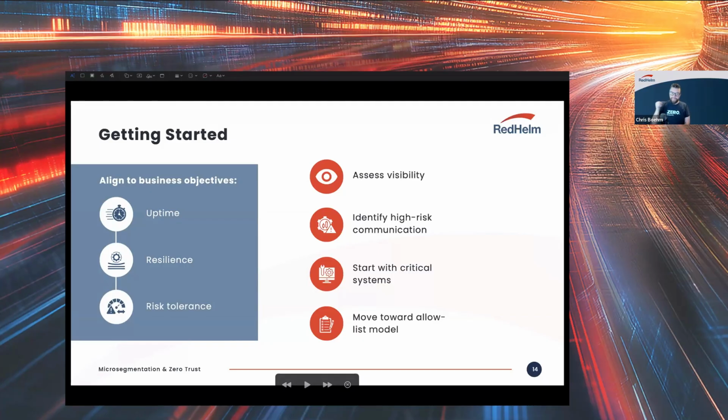The 3 things on the left side right here is exactly what Corey's talking about: uptime, resilience, and risk tolerance. So if you bring that up and say, as a company, hypothetically, we feel like we're very secure, but if somebody did spread across our company, how much would that take down our whole company? For how long? How far would they go? How much damage could they do? And is that worth my risk tolerance?